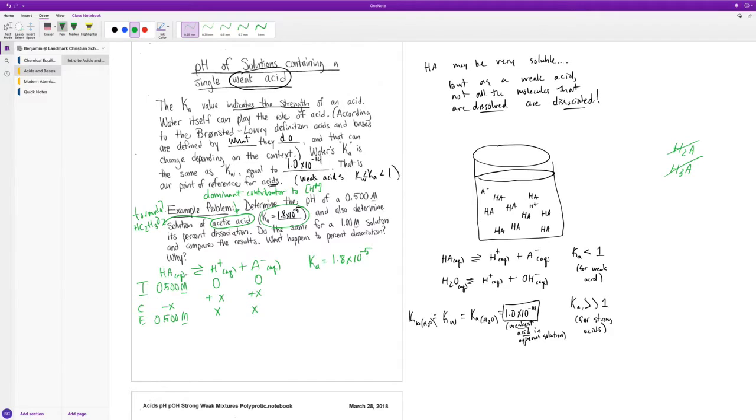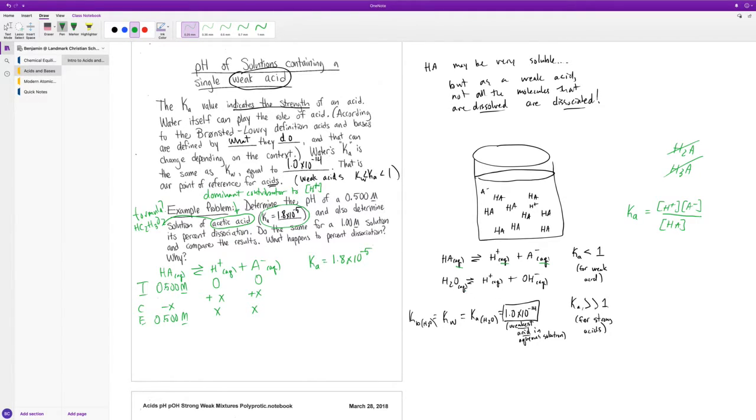And I've written aqueous next to this one right here, right? It says aqueous. Everything in that reaction equilibrium is aqueous. So what would the mass action expression look like for a weak acid? It would be H plus concentration times the anion concentration divided by the undissociated acid molecule concentration. We need to include the denominator for the weak acid here.